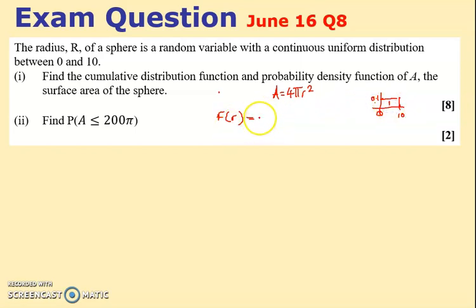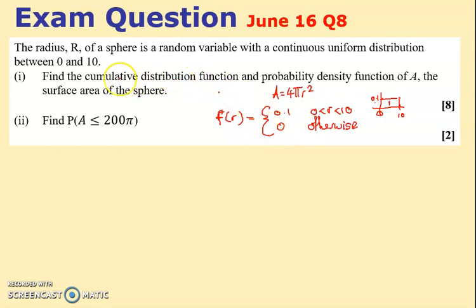So this should be lowercase f of r, just remembered, is basically again 0.1 between 0 and 10. r is between 0 and 10, and it's 0 anywhere else. So bear that in mind.